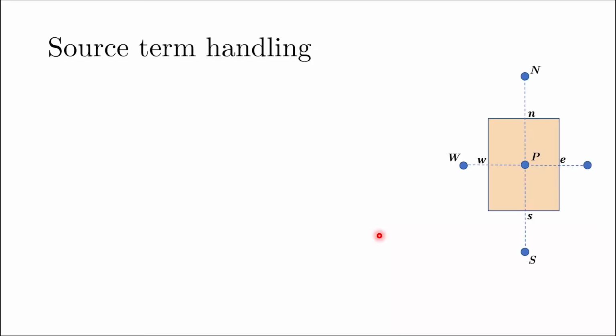First of all, if you remember the control volume that we have here, we had a two-dimensional control volume with four faces that were lying midway between the relevant node points, that are the capital points. Now the idea is, if we take the volume integral on the source term, we can write it as S bar, that is the average value of the source within that control volume, multiplied by delta V, that is the volume of this element.